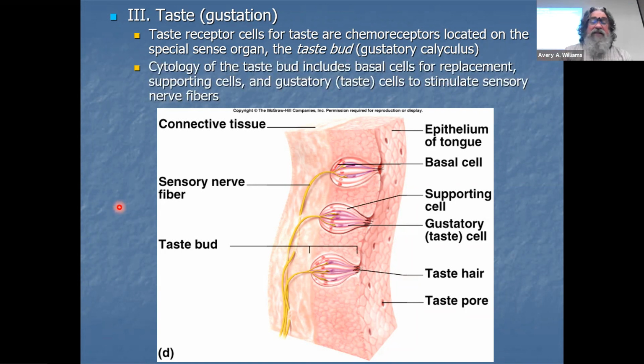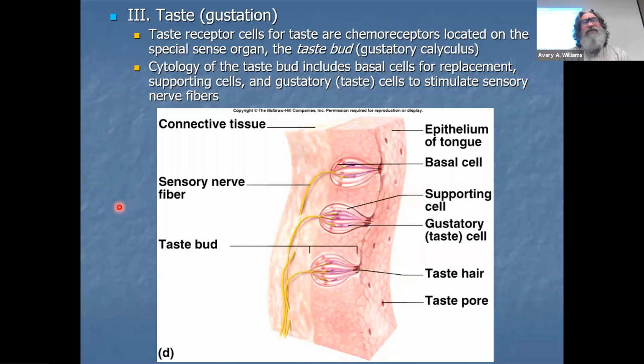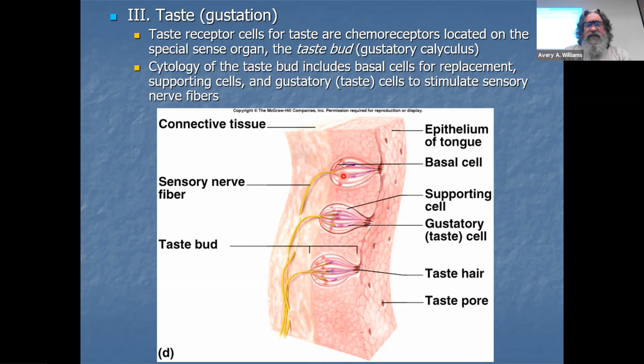The histology is a lot like the olfactory epithelium. So the olfactory epithelium is lining the entire nasal mucosa up in that superior nasal concha. But here you got little pockets of them. They're a little bit different. So you got clusters of cells forming the calyculi. And so I tell you about the cytology.